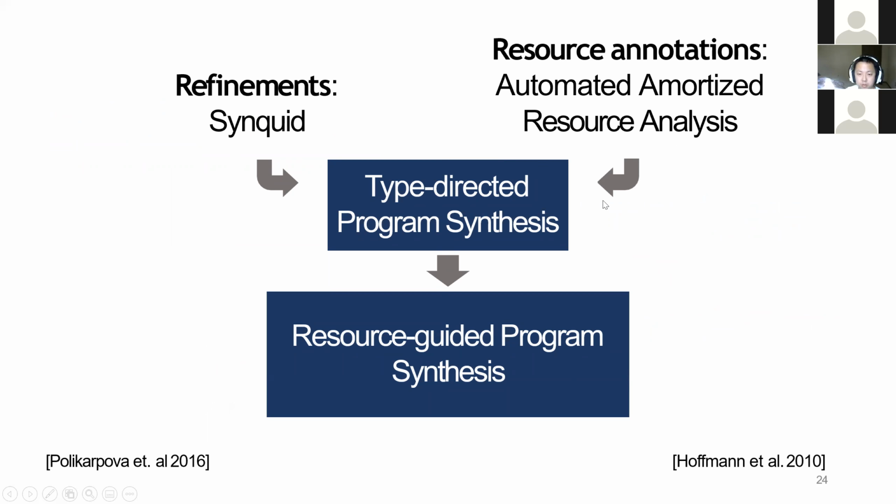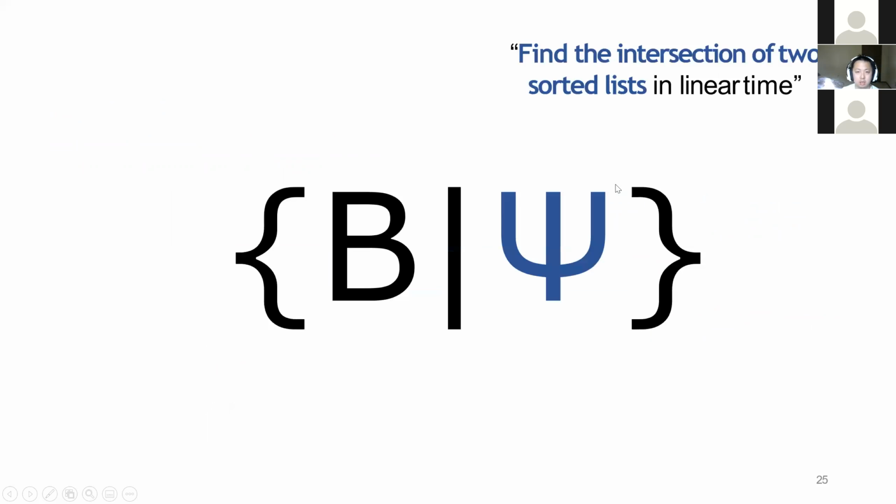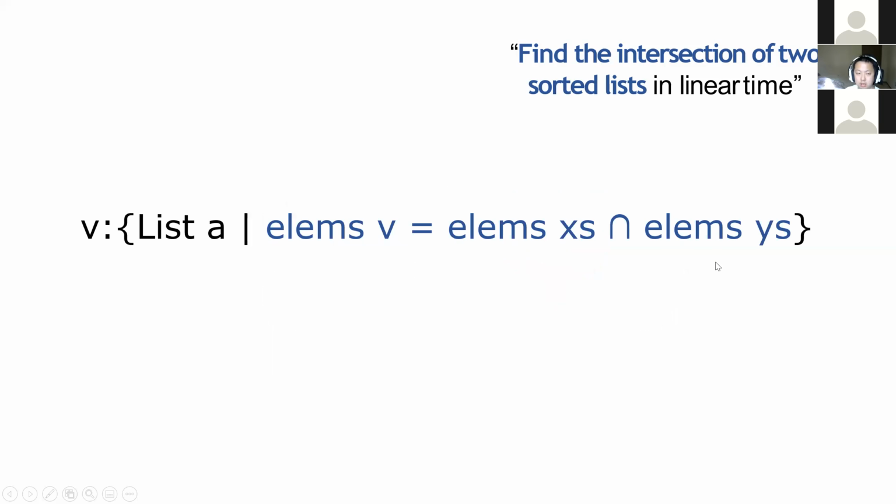And in this paper, the authors combined these two previous works to get type-directed program synthesis with resource annotations. And here, this is a refinement type, where B is the base type, and beside it is a refinement. So we use the refinement in blue color to describe what we want, for example the intersection of two sorted lists. Here is an example refinement.